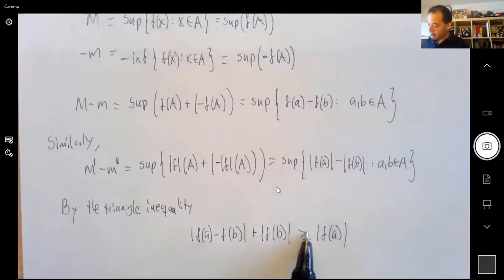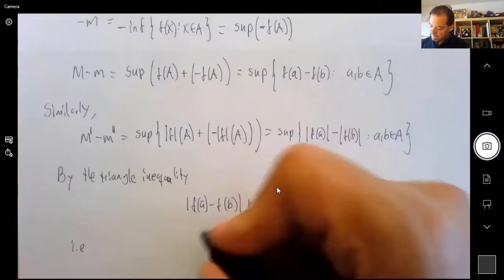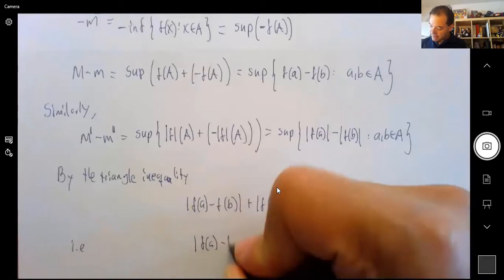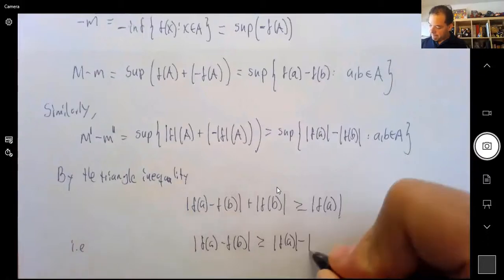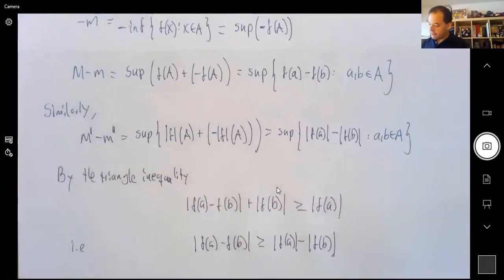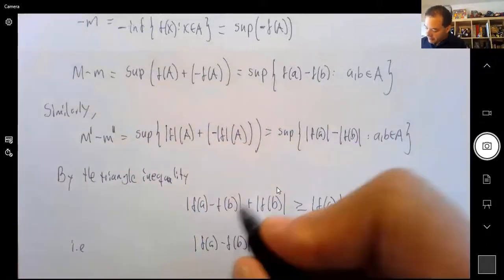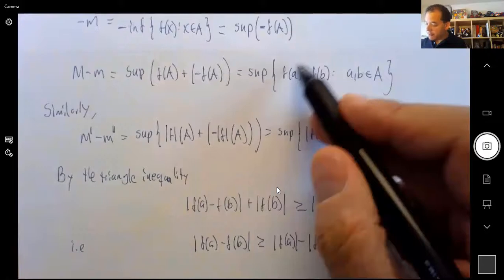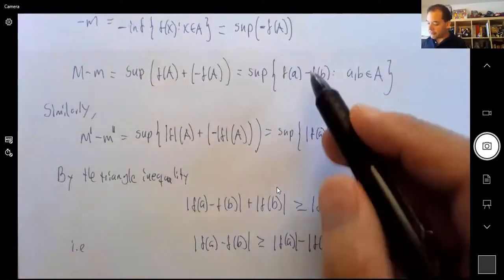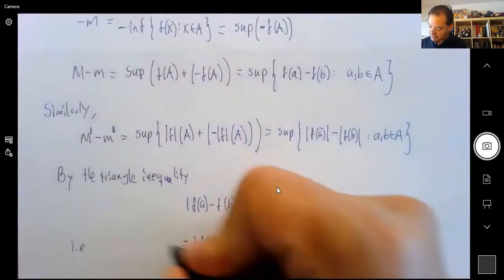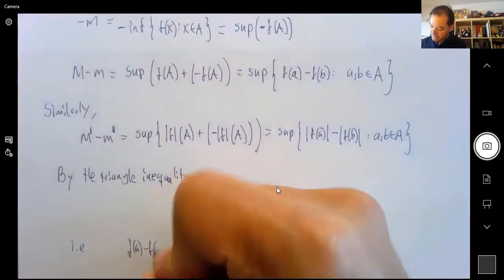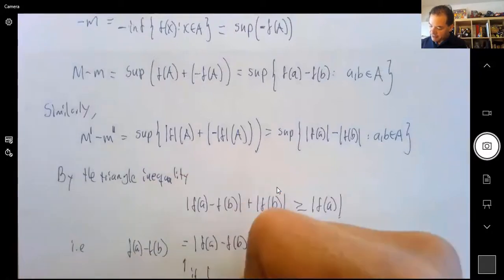And because this happens, we know that this number is bigger than f of a minus f of b. Like I was saying, the supremum has to happen when the numbers are positive. So for the numbers that are positive, this is the same as f of a minus f of b if f of a is bigger than f of b.